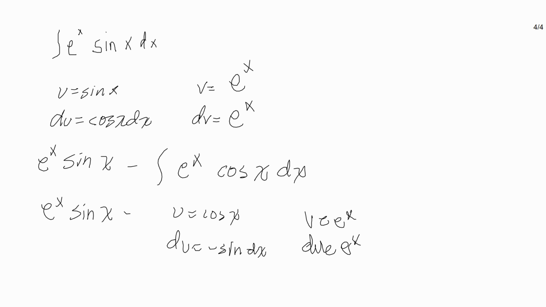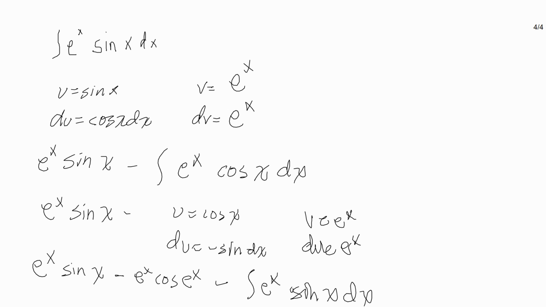So e to the x sine of x, minus u v, which will be e to the x cosine of x, minus v du, which is going to be e to the x and negative sine x dx. Make negative, will do what? Make this what? Positive.